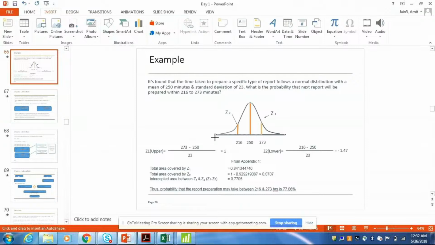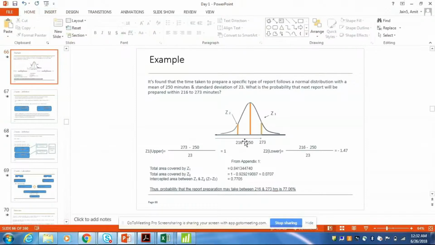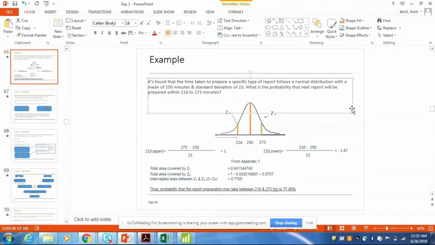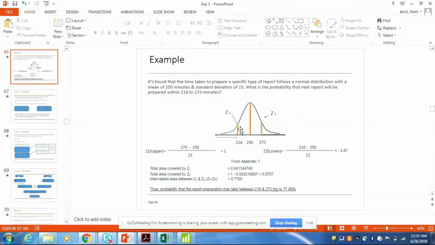So Z1 is covering this much area, and Z2 is covering this much area, from here to here.